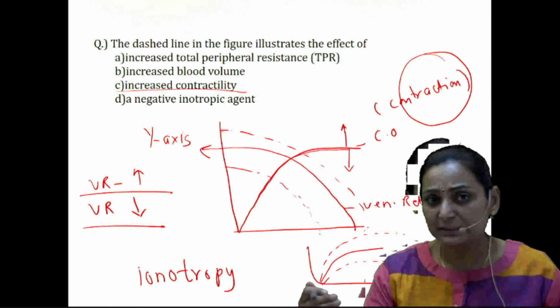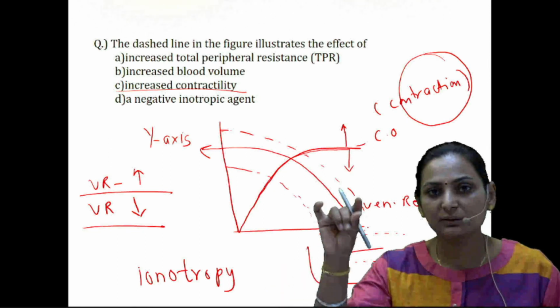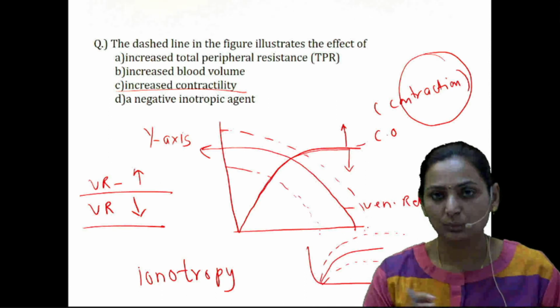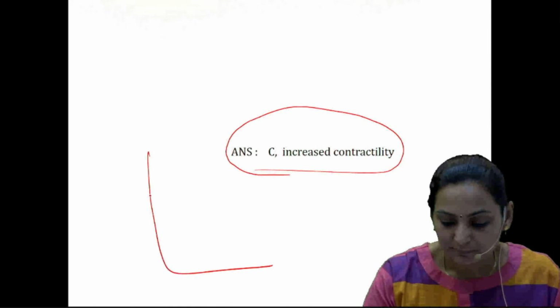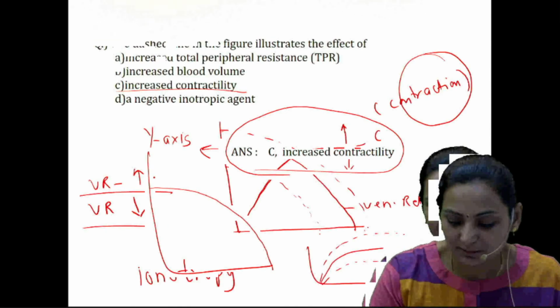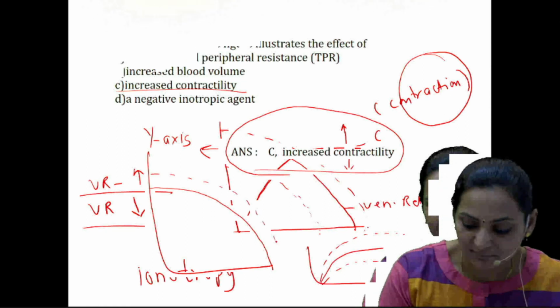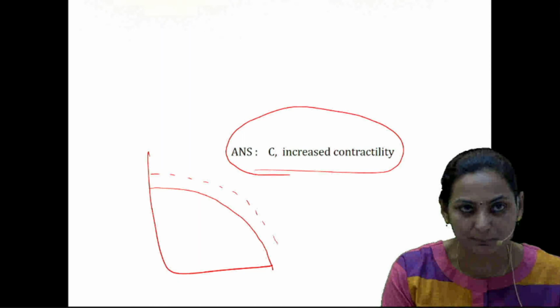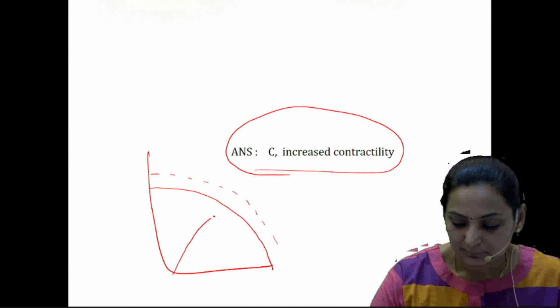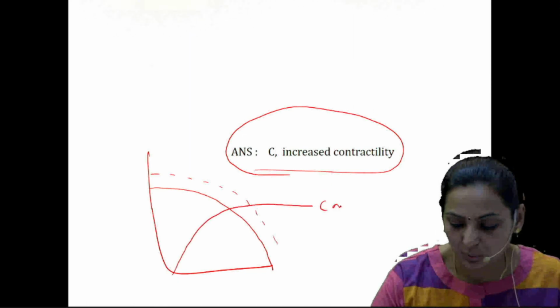Suppose you are getting an increase in blood volume, you are doing an IV blood transfusion to the patient. What will happen at that time? This graph will be shifted. The line, because of venous return, will be shifted if this is normal, and this is the graph of contractility.